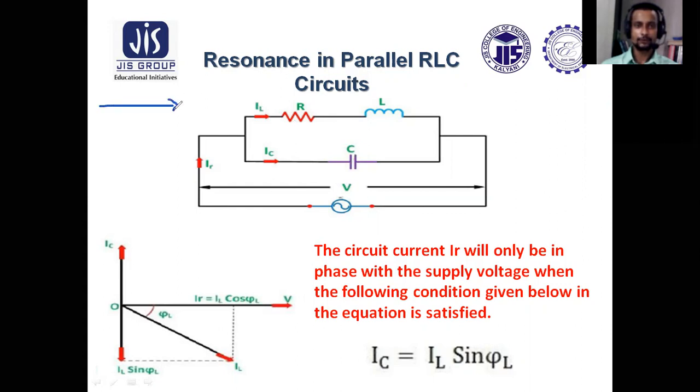If this is voltage, for purely inductive circuit, IL is lagging behind voltage by 90 degree. And for purely resistive circuit, current through resistor will be in this direction. So resultant will be this one.